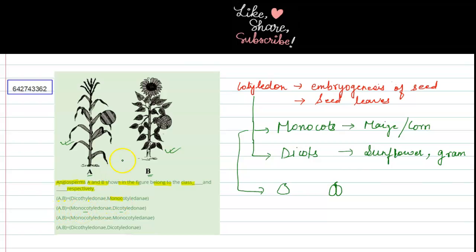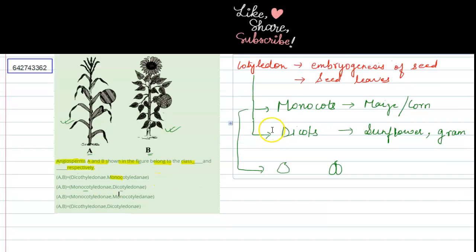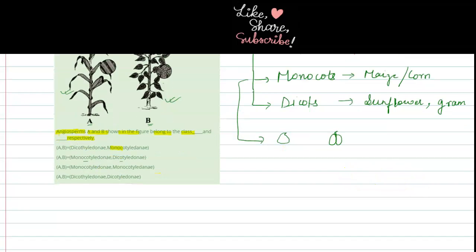But if the figure is not clear, there are certain features which we need to know about monocots as well as dicots. So let's try to understand them as well. These monocots have only one cotyledon.